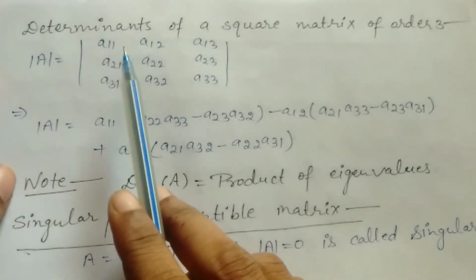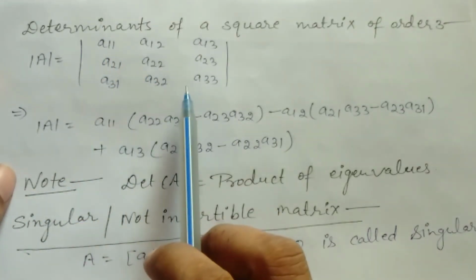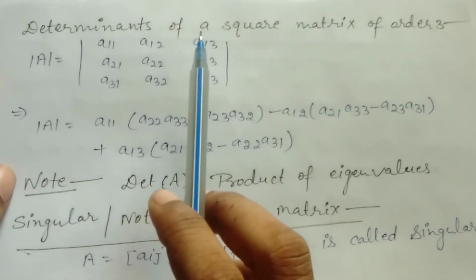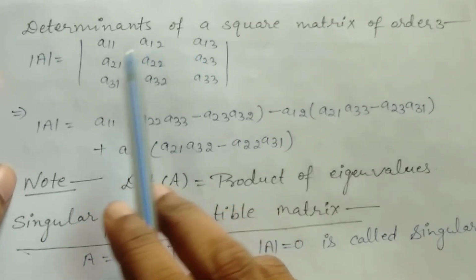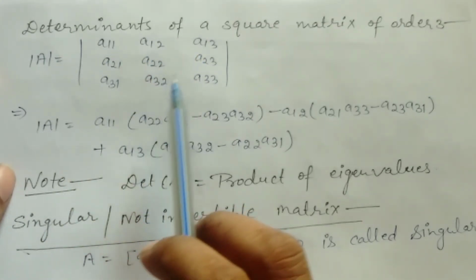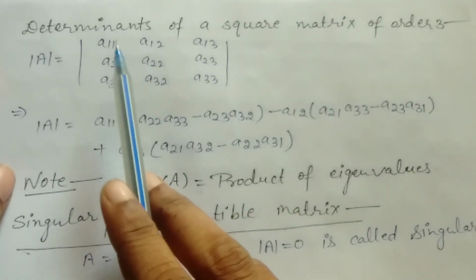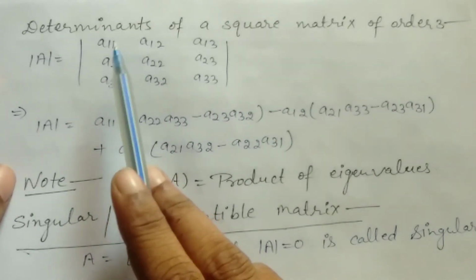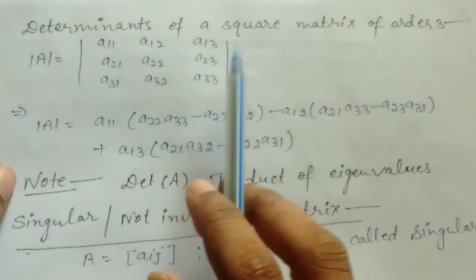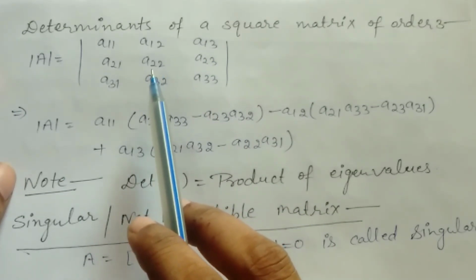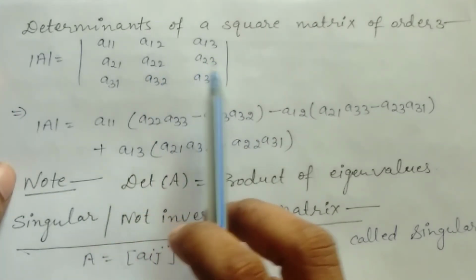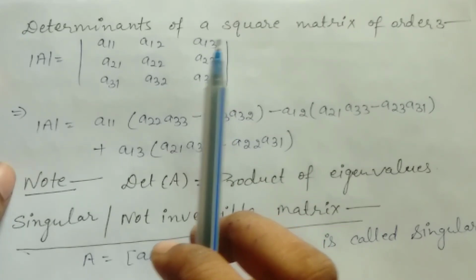Finally, we expand this determinant along the first row. Corresponding to the first row, we expand this determinant. So, A11, with the corresponding row and column deleted, times A22 A33 minus A23 A32.